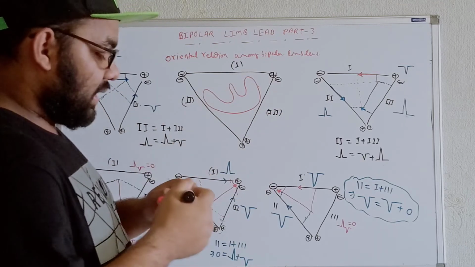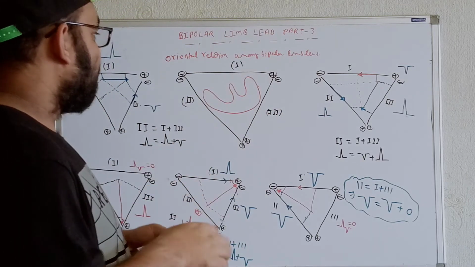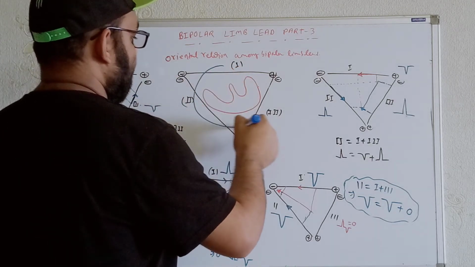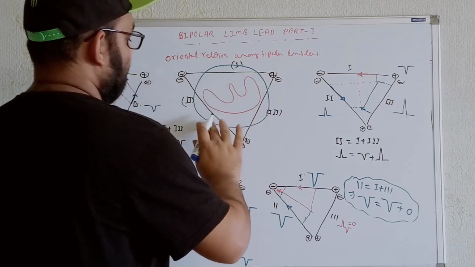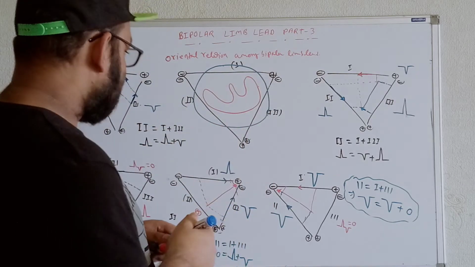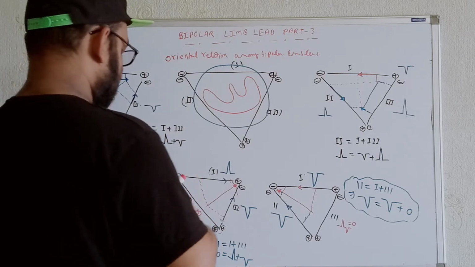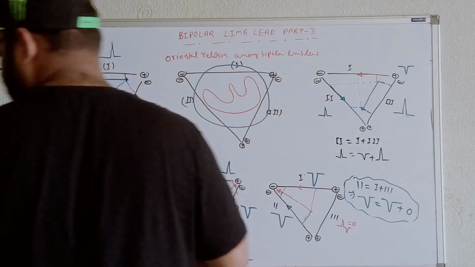Now if you consider a circle over here, try to understand. Now see, if we draw the axis for lead number 1, for example, I am drawing it in these directions. Let's draw the axis.